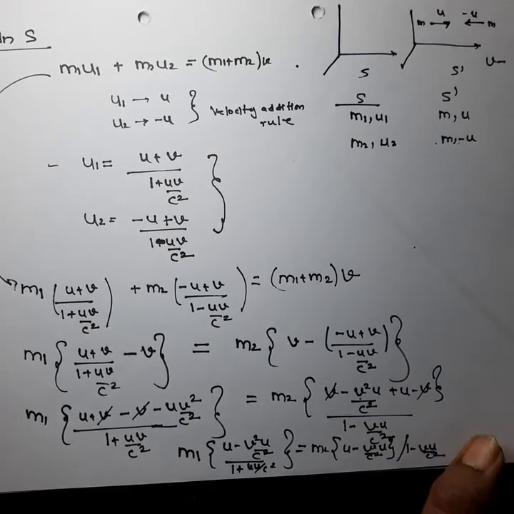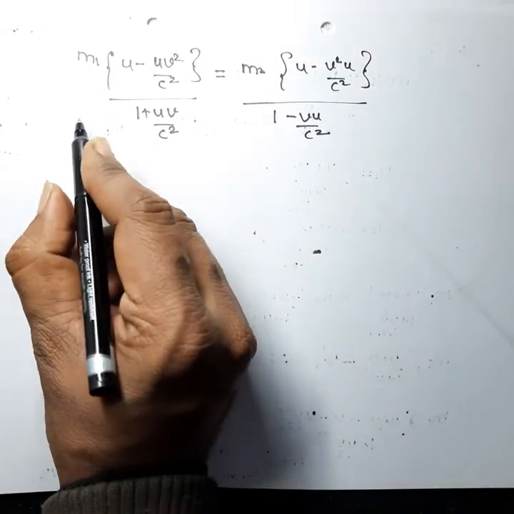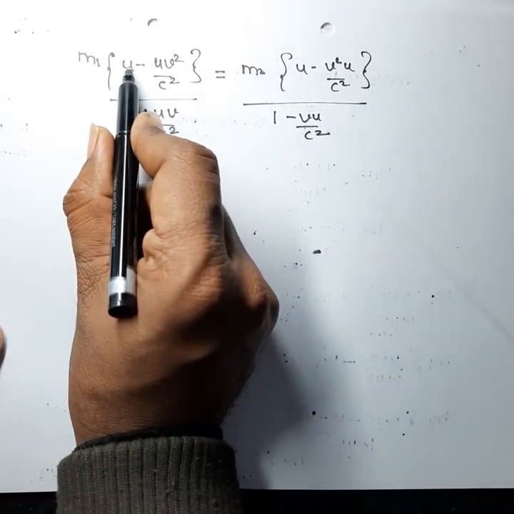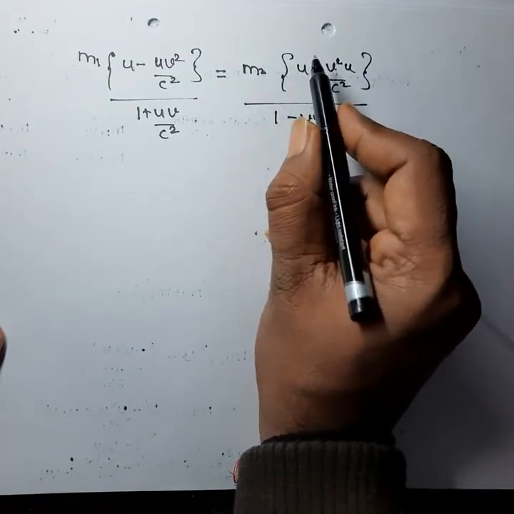Okay, let's write in the next page. So this is the equation. Now you can take u common from this bracket and u common from this bracket, so they will cancel each other.